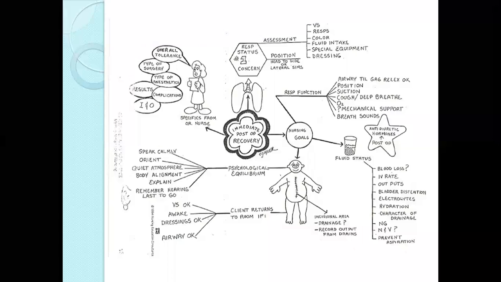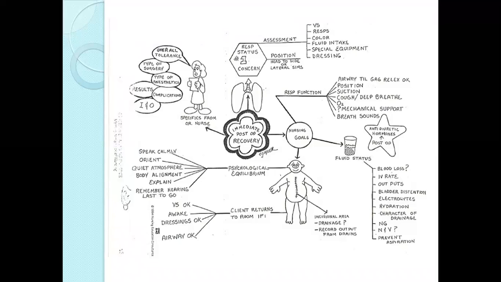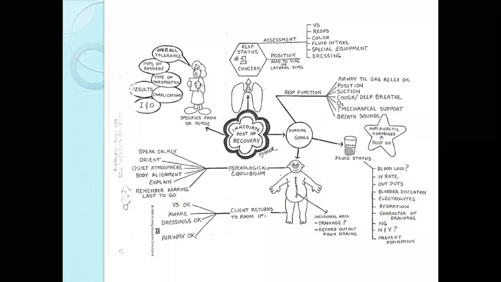We can measure many aspects, like the patient's blood loss, and the urine output, which is very important. We also have to see many things like the hydration status and electrolytes. This is all similar to what I have already said in the goals.